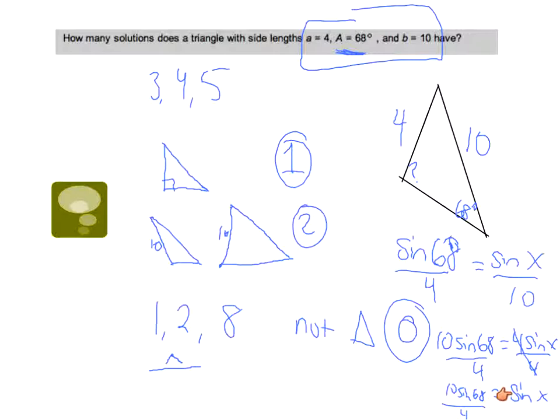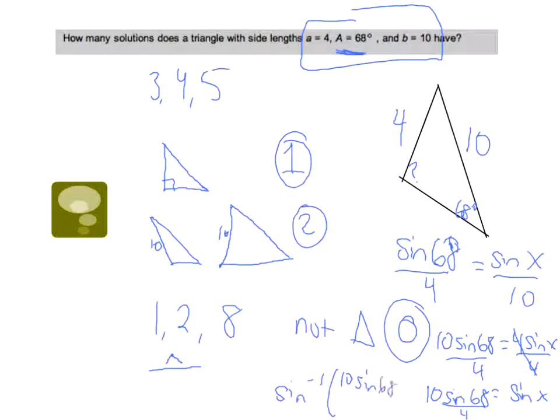How do we find out what x is? How am I going to type this into my calculator? I have to do second sine. Does somebody want to try it and tell me what their calculator tells them? Your calculator is going to say something specific. Ooh, not this time.